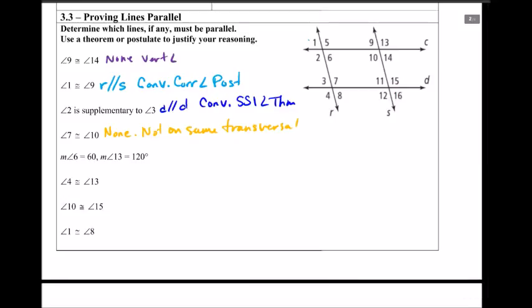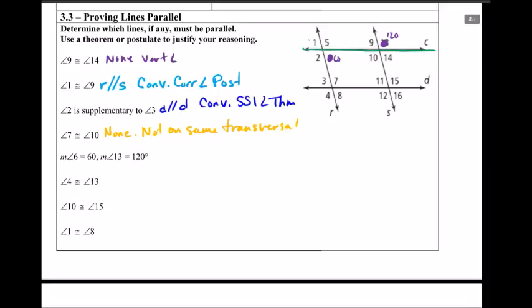Ooh, angle 6, right there, is 60 degrees. And angle 13, right there, is 120 degrees. Now, do those angles sit on a transversal? Yes, we can put them both on a transversal, so let's draw that in.